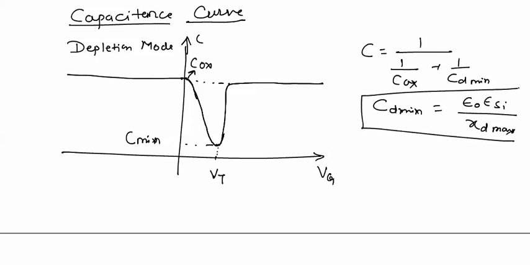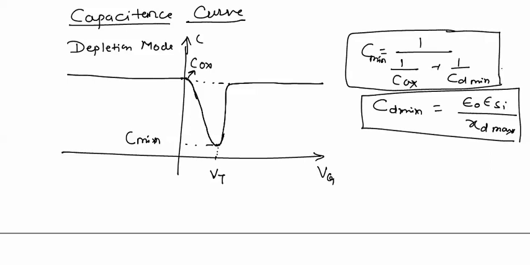So we can get this C minimum capacitance. This region will belong to depletion mode and this region will belong to inversion.